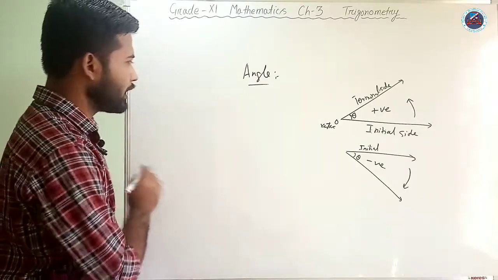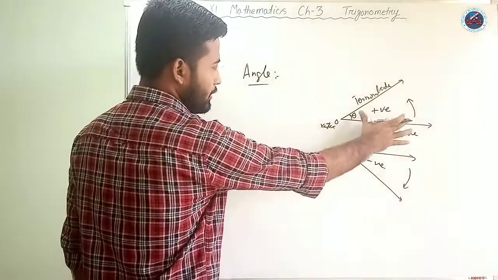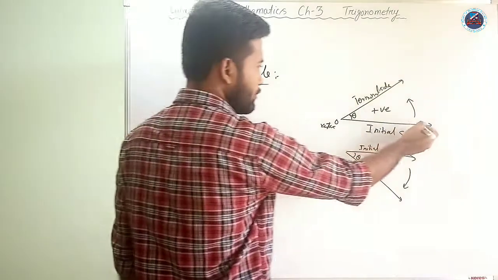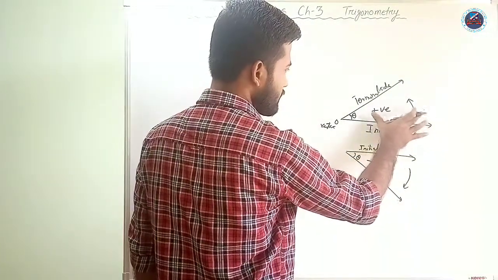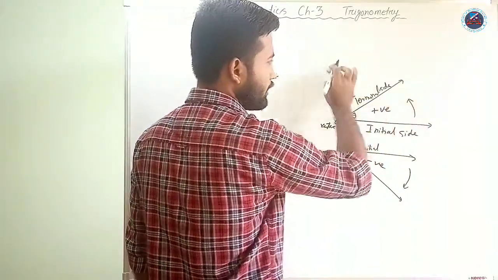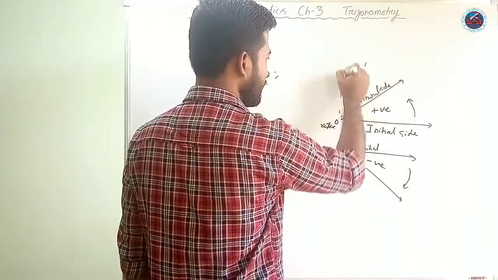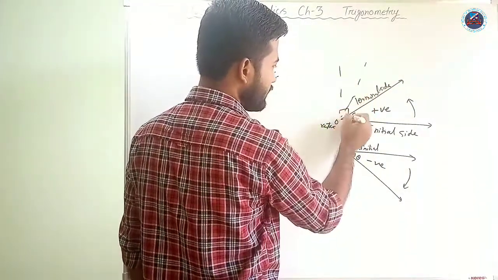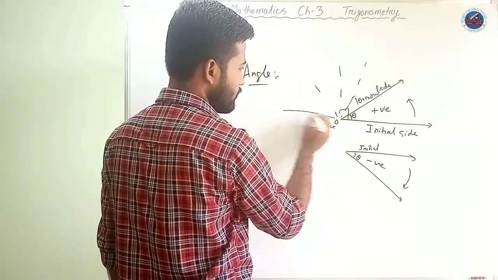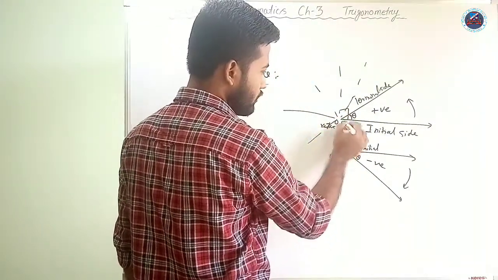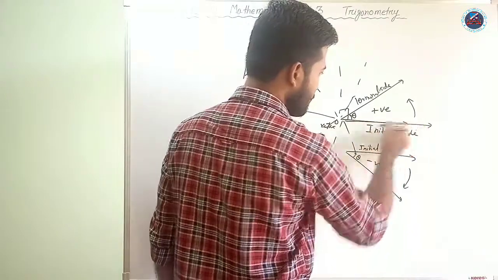Now one more thing, let me take this case. Here we have considered that the terminal side is moving anti-clockwise. Say it moves here and makes an angle of 90 degree, then goes to 180 degree, then goes on and reaches the same line again.